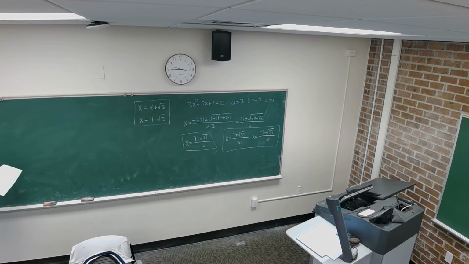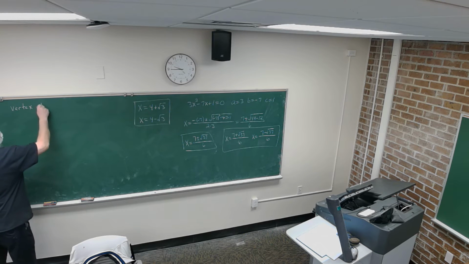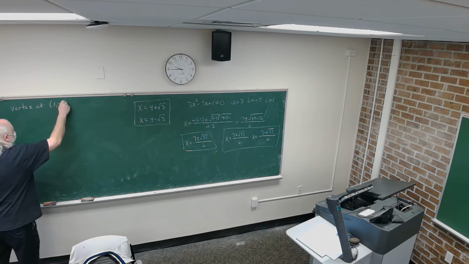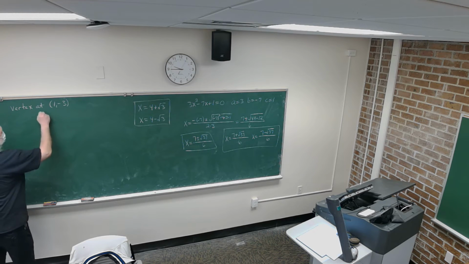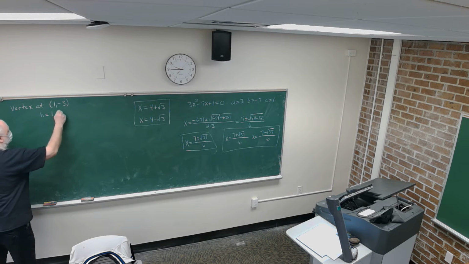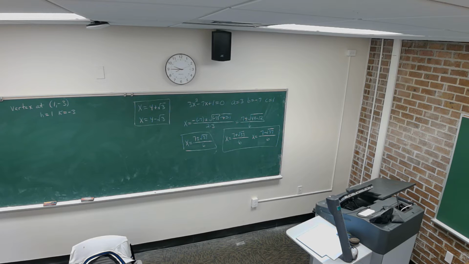So the vertex is at the point 1, minus 3. And if we write this equation in standard form, which I intend to do, h is equal to 1 and k is equal to negative 3.